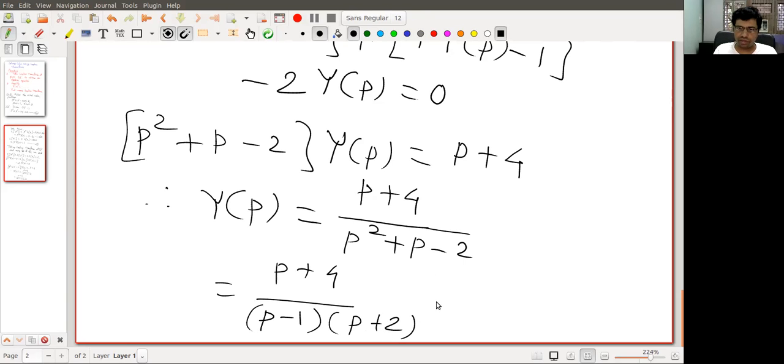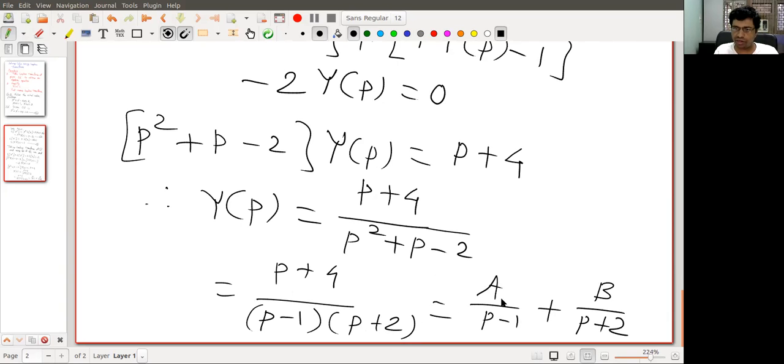And now we try to write down this as a divided by p minus 1 plus b divided by p plus 2.